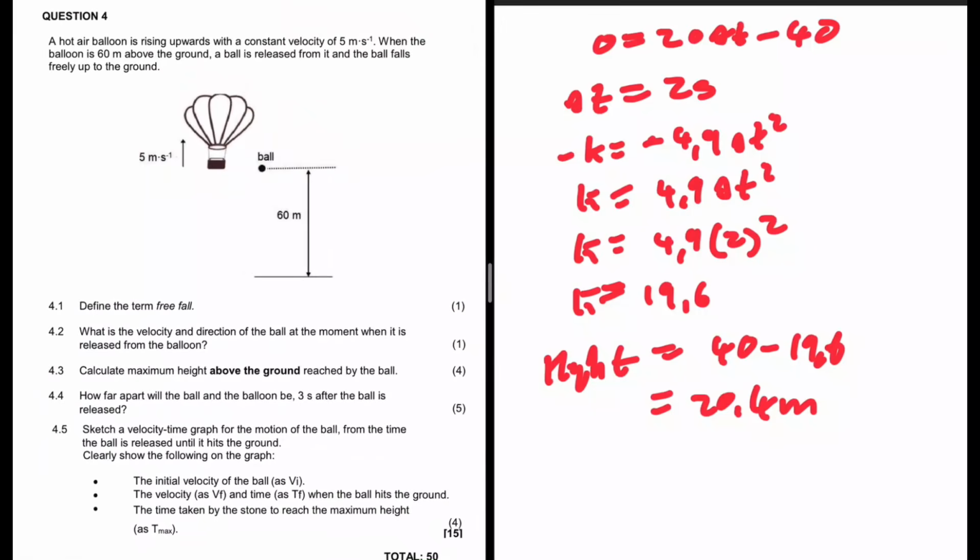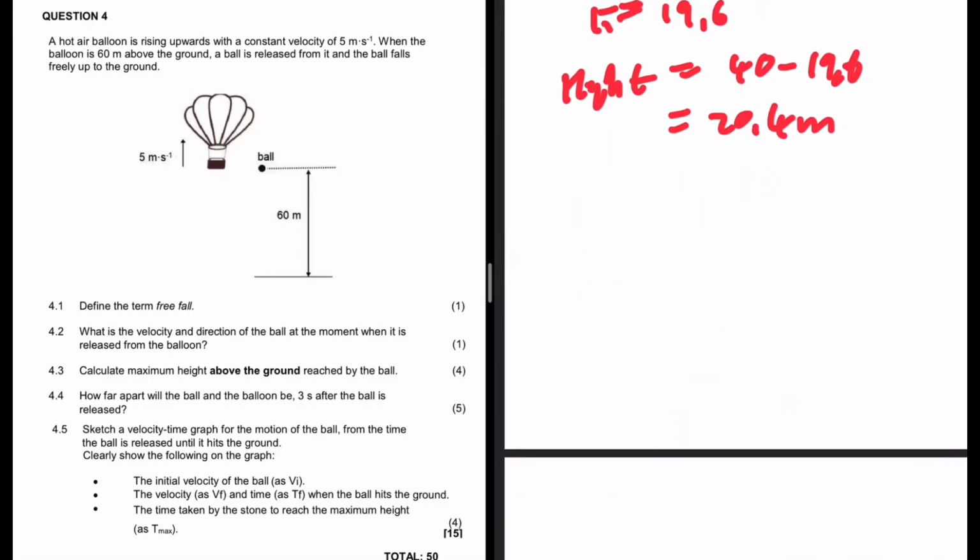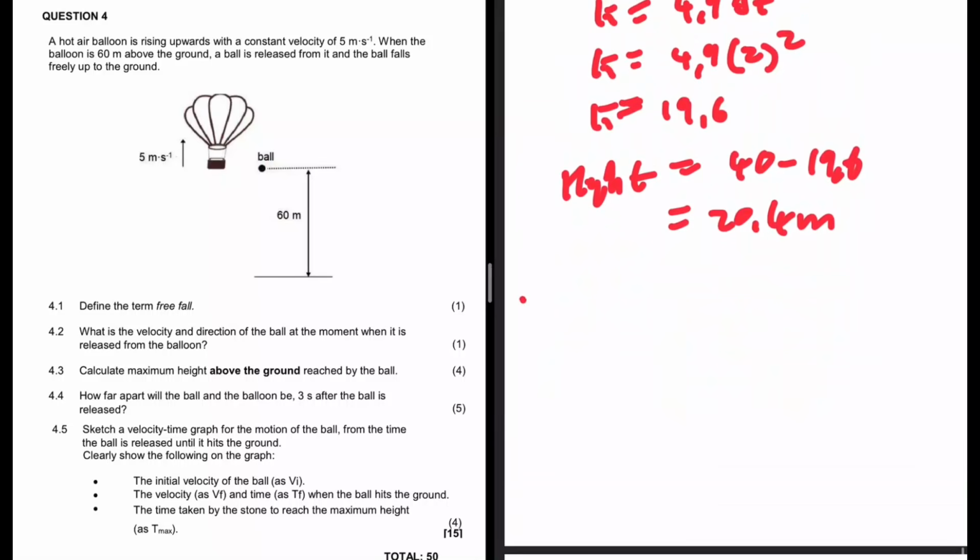And then, what is the velocity and direction of the ball at the moment when it is released from the balloon? Okay, another thing that we have talked about inside the course. We have said that the initial velocity of a ball in a balloon is equal to the velocity at which it is projected plus the velocity of the hot air balloon.